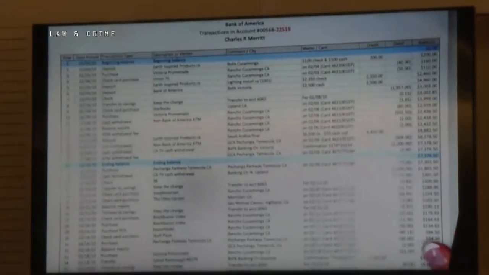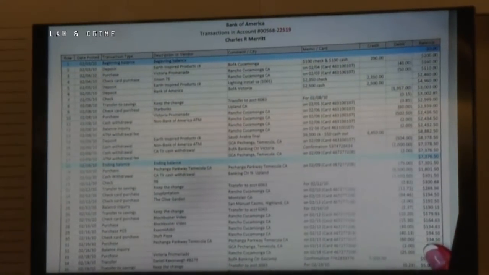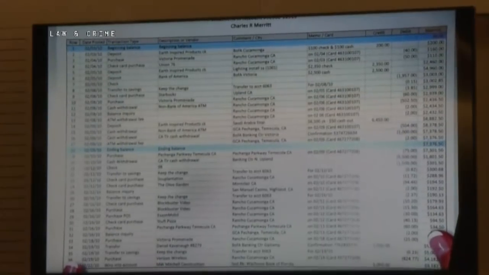Okay. So then going back to your exhibit, can you tell us about line 18 on this particular account? Okay. Line 18 is the ending balance for this first statement. It's on February 9th of 2010, and we can see that the balance is $7,376.50.